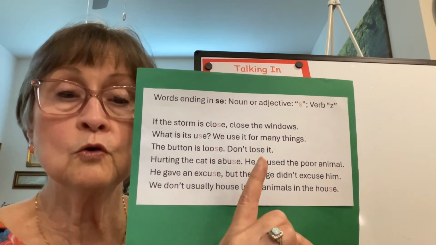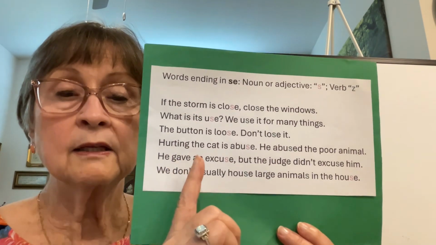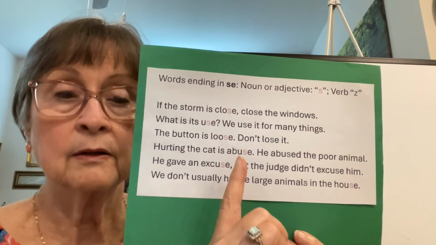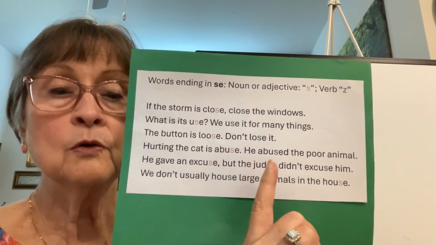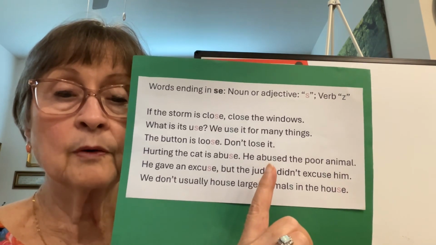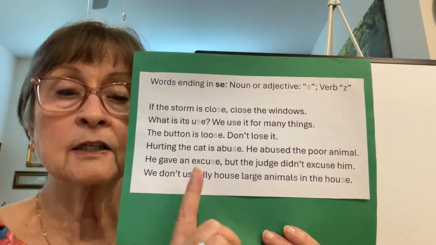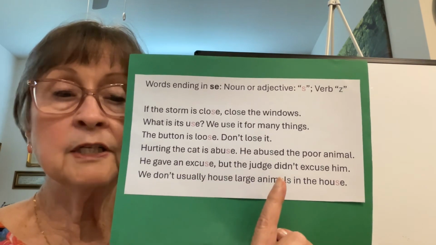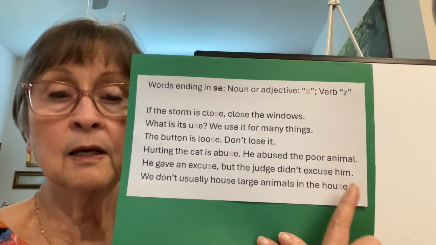I might lose it. Hurting the cat is abuse. That's a noun. He abused the poor animal. That's a Z because it's a verb. He gave an excuse. That's a noun. But the judge didn't excuse him, let him go.